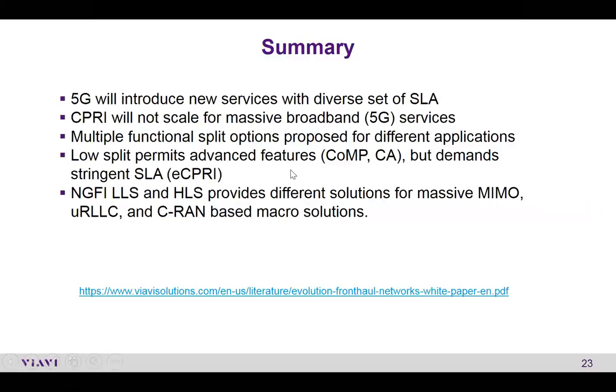Definitely, low split options are very important for the advanced features of CoMP and carrier aggregation, etc. But very stringent SLAs and high layer split options are also viable for applications like massive MIMO. All right, more information can be found in this link that I provided, and I'm sure there is much more valuable information on the web.